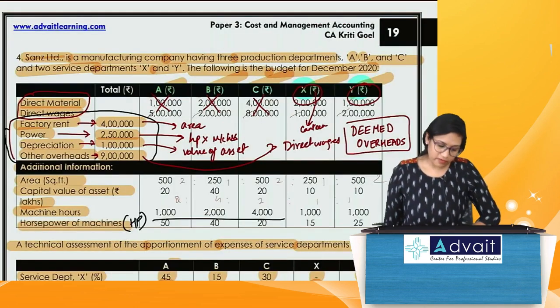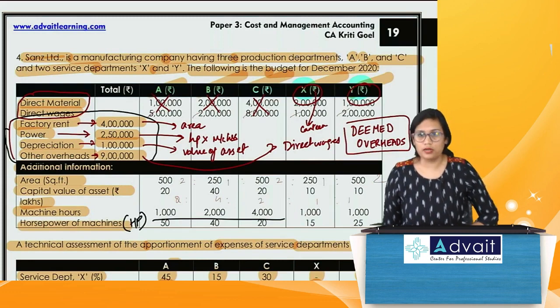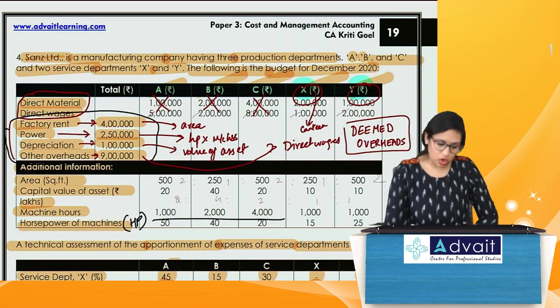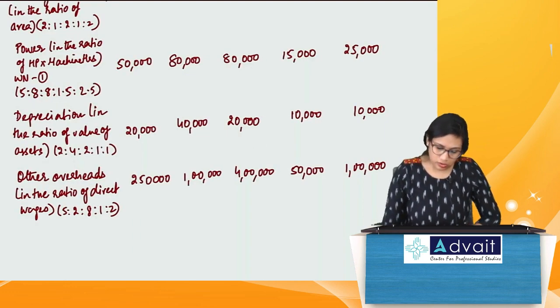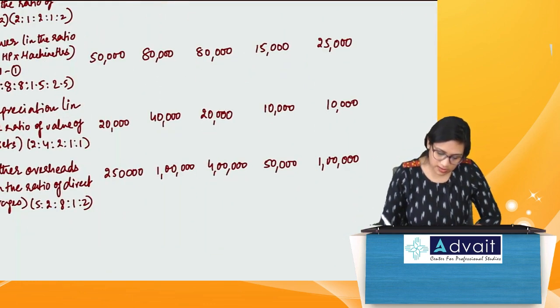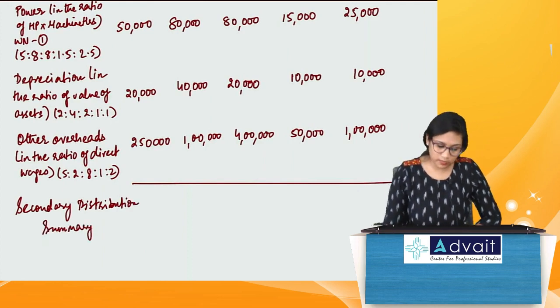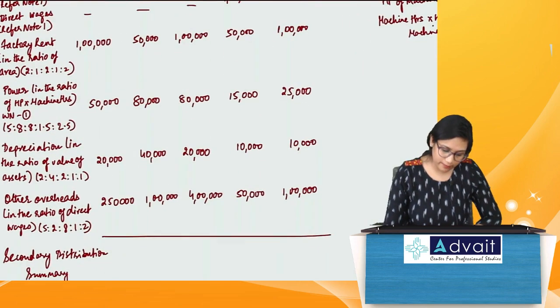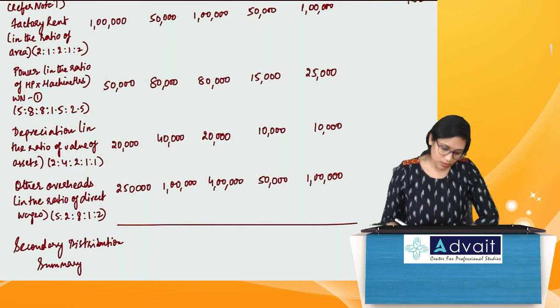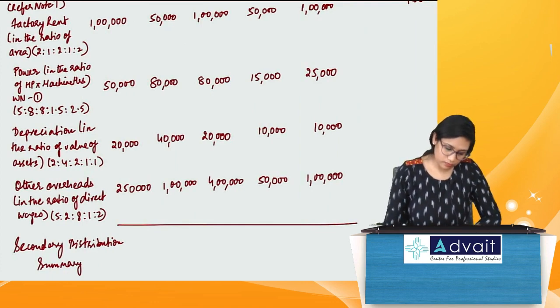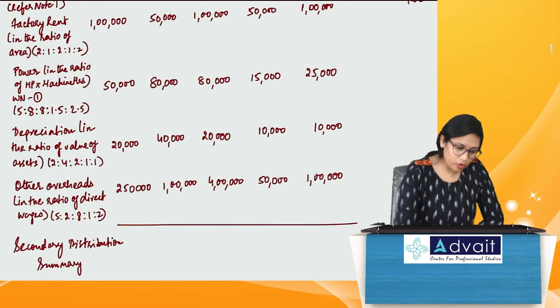So we have divided everything. Factory rent done, power done, depreciation done, other overheads done. So nothing else is pending. All expenses are done. So let's take a total of this.